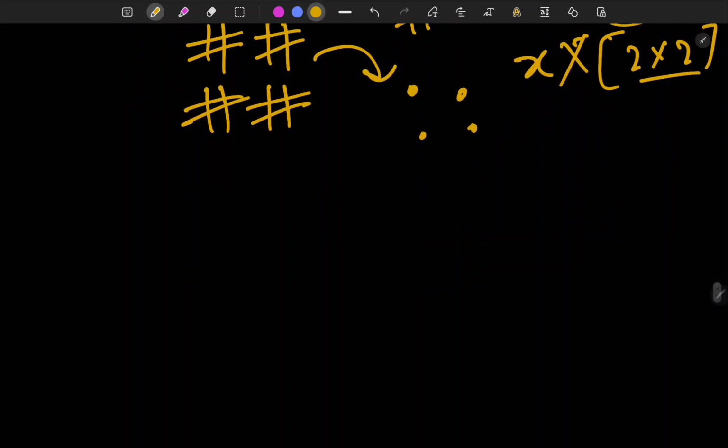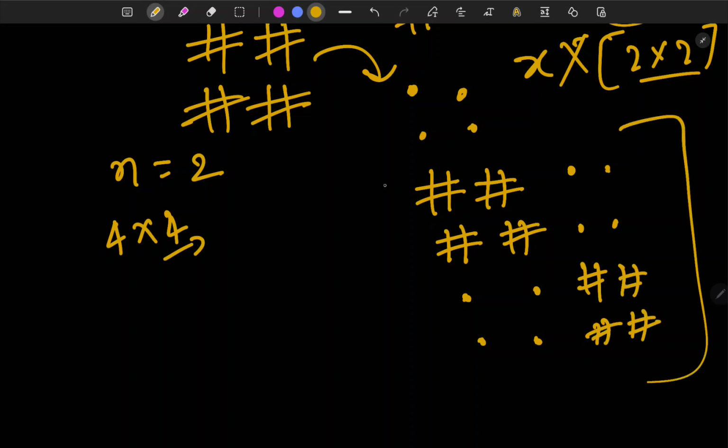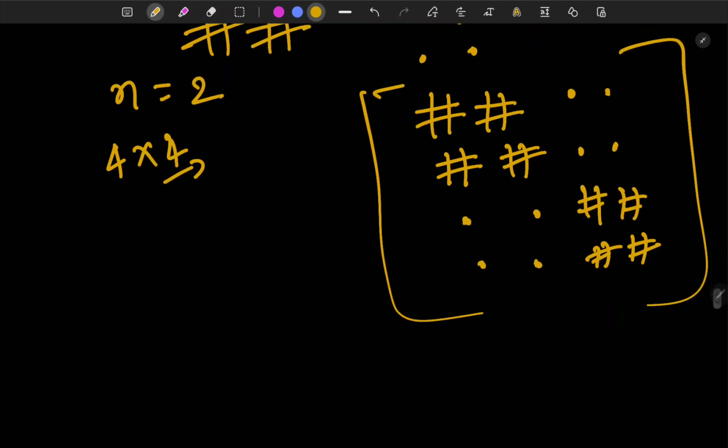If n is equal to 2 is given to you, then I have to make a 4 cross 4 matrix, with the rows hashtag hashtag dot dot and so on. So this is the required matrix that I have to print.